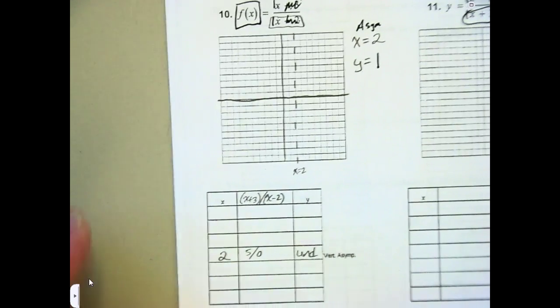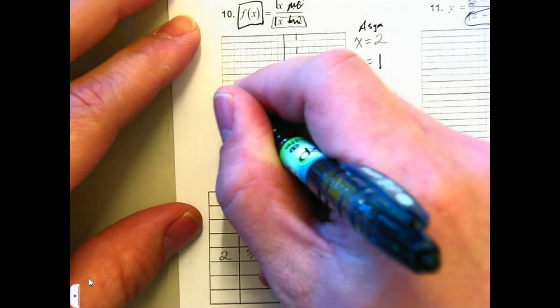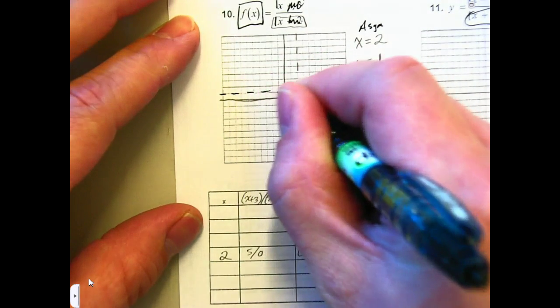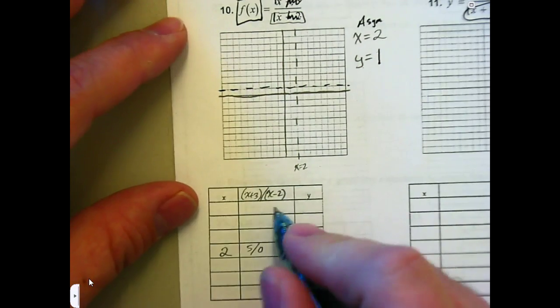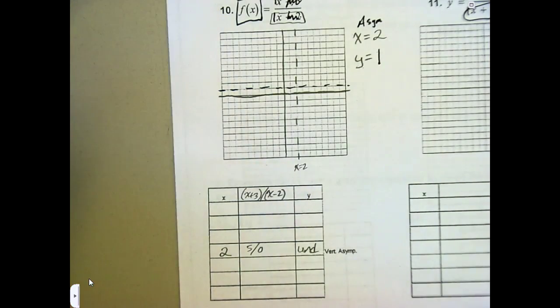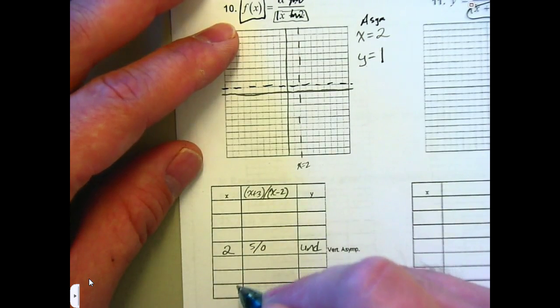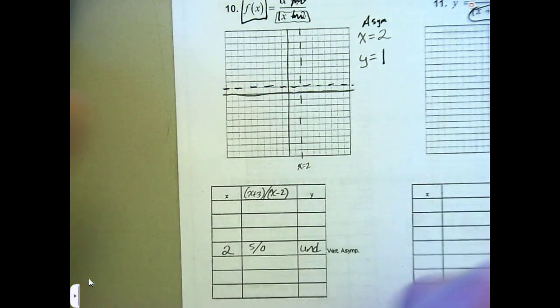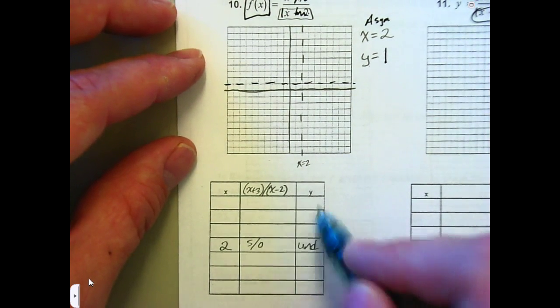Okay, so going back to our tables now. On this one, actually, let's put in our y asymptote. It would be really nice if our equation was in a form like we graphed yesterday. I know on the previous problem we said we could just divide by the denominator, but we didn't have two terms in the denominator.